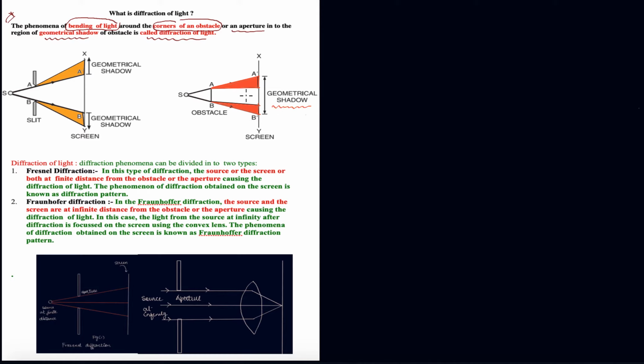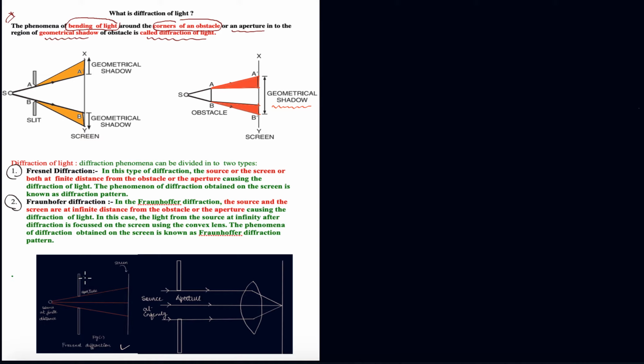So further extending this discussion, the diffraction of light is divided into two types. The first one is the Fresnel diffraction, and second is the Fraunhofer diffraction. So Fresnel diffraction, you can see in this figure number 1. In this type of diffraction, the source or screen or both are at a finite distance from the obstacle or aperture.